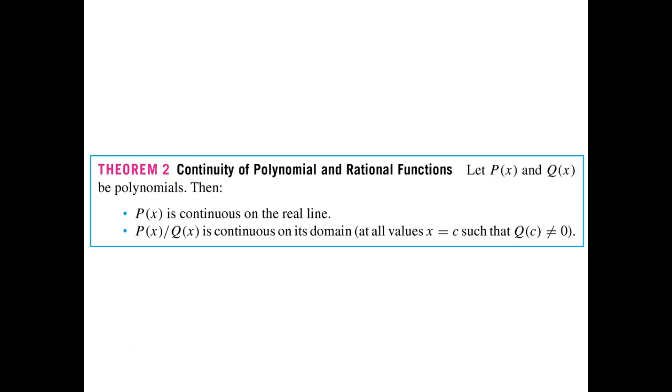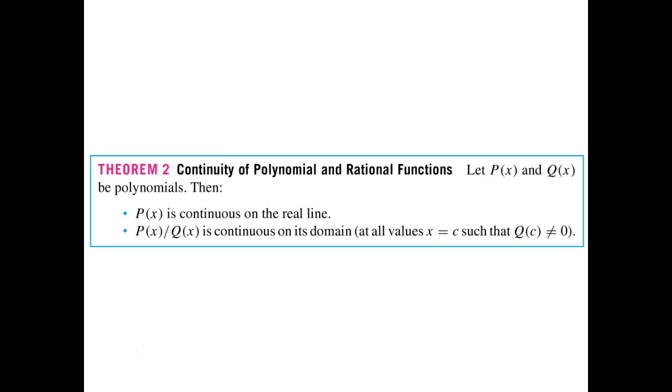Hopefully you remember this from pre-calculus algebra. Not only are they continuous, they are smooth. Things like I was describing before, points, cusps, things like that, not going to happen with a polynomial function. They're always going to be smooth and continuous everywhere on the real number line.